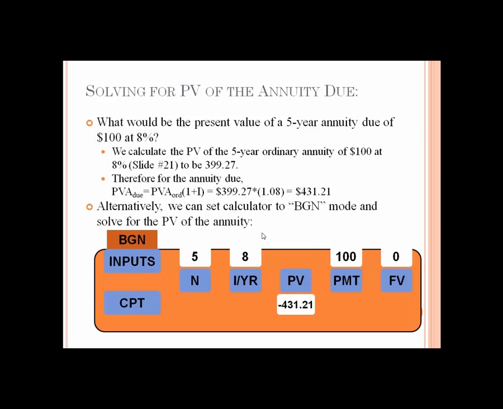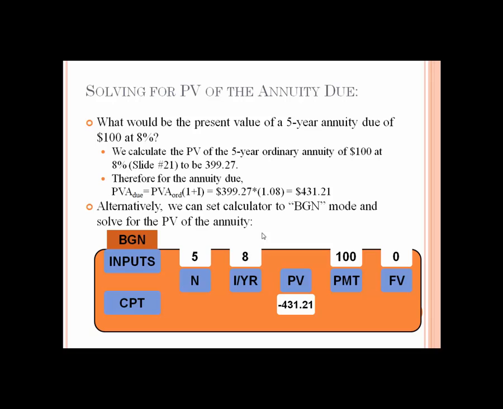Now let's take a look at calculating the present value of the annuity due. Same idea, if you are using 8% interest rate, then the present value of the annuity due will be the present value of the matching ordinary annuity multiplied by 1 plus the 8%. So it is 431.21.